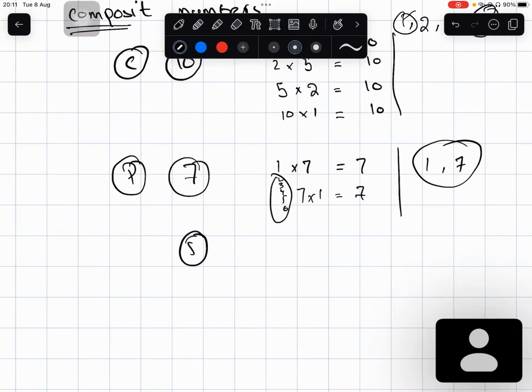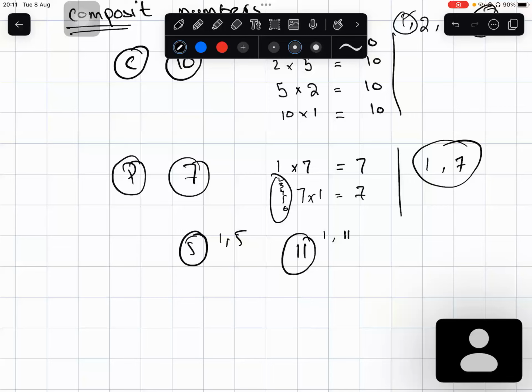5 is an example. The only 2 factors for 5 are 1 and 5. 11 is an example. The only 2 factors for 11 are 1 and 11. Is that making sense? Are you getting the point? Yeah. Okay. So it's clear now, right? What is the difference between a prime number and a composite number? If it comes in the paper, you'll know. A prime number has only 2 dividers, like 7: 1 times 7 is 7.